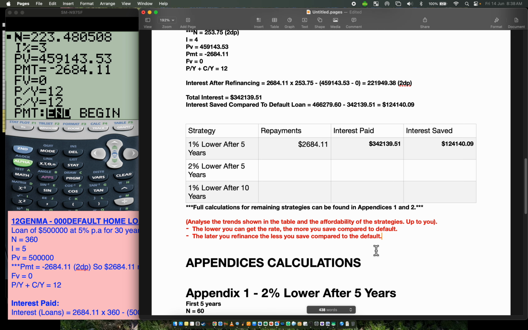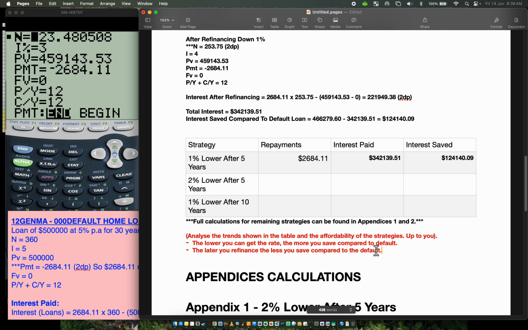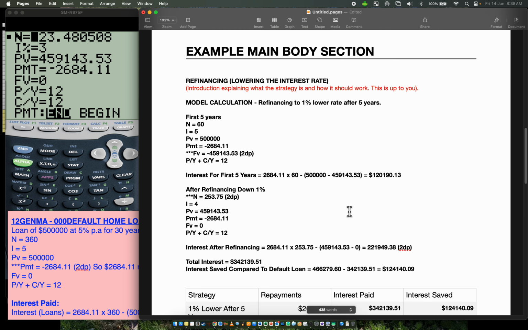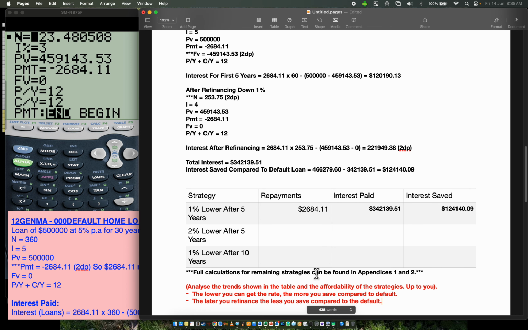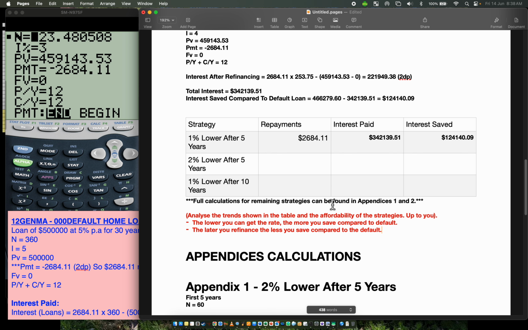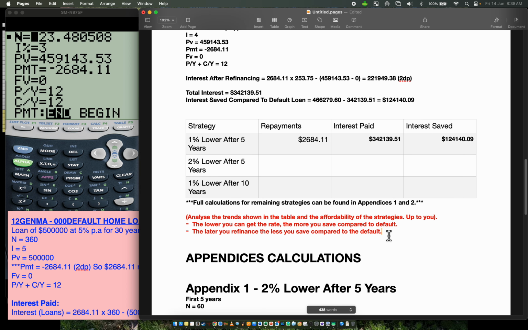You can talk about that. Alright, so that's in general. That is how a section of your DI should go. You want to have multiple strategies to show how they work, and have a summary table, repeated calculations go in the appendices, have proper appendix references, and then you analyze what the trends show across your variations.